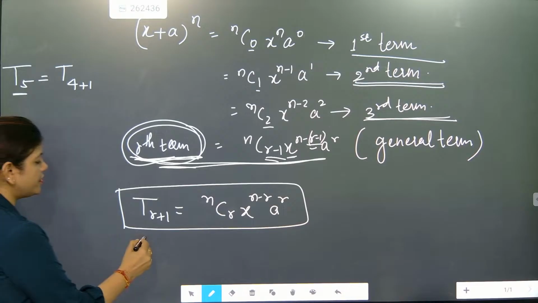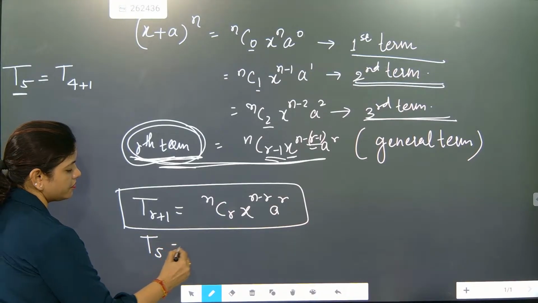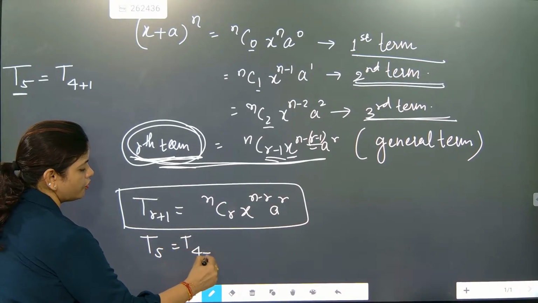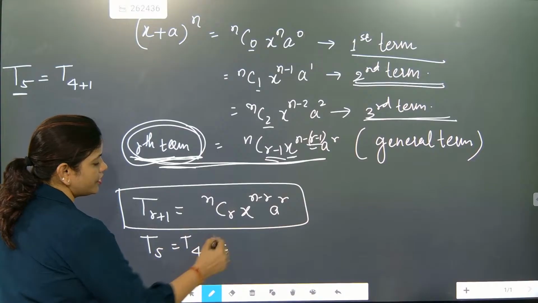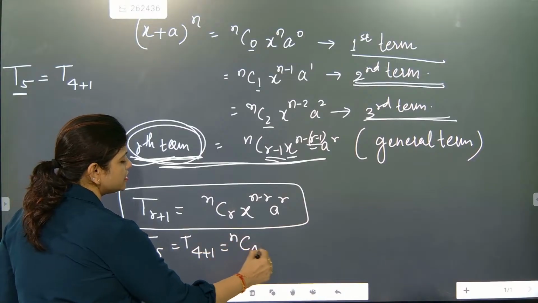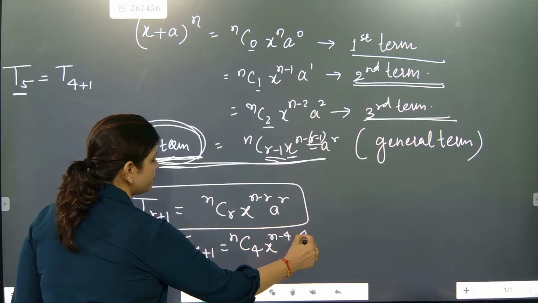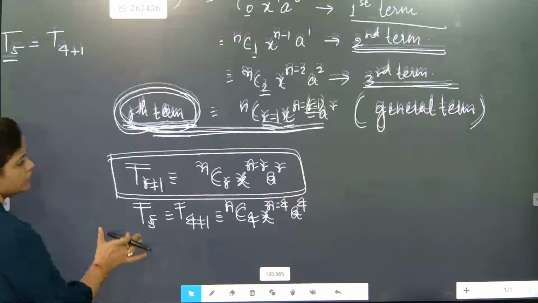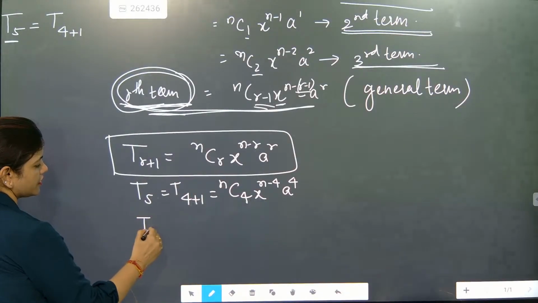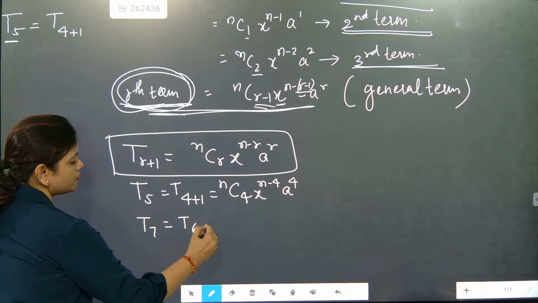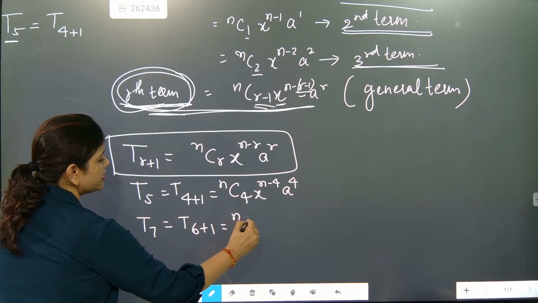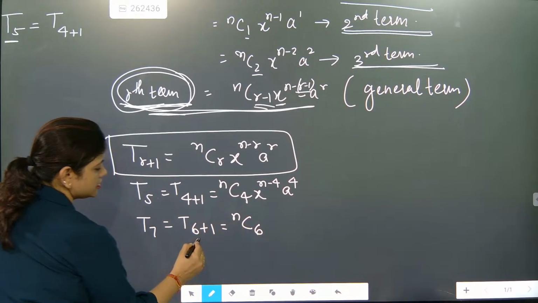Remember. If somebody says the fifth term, you will write T 4 plus 1, and that is whatever the expansion is: NC4 x to the power n minus 4, a to the power 4. If somebody says the seventh term, seventh means 6 plus 1. That is NC6.